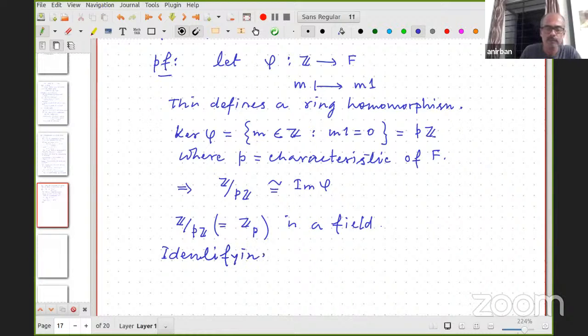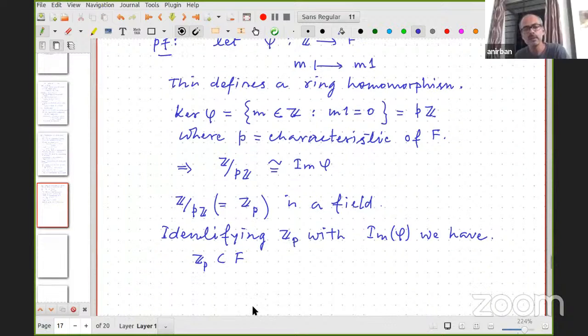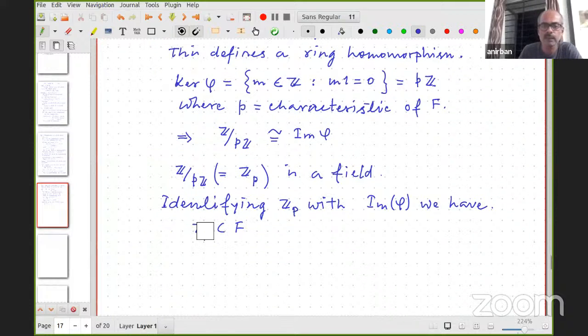Identifying Z_p with the image of phi, because that's an isomorphic copy, we can simply consider Z_p to be inside F. Let me write it here itself.